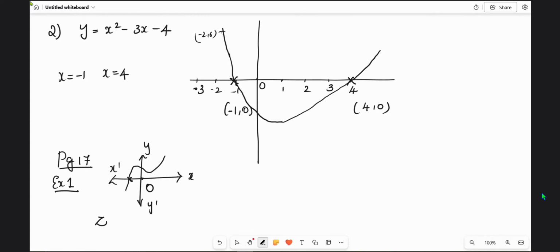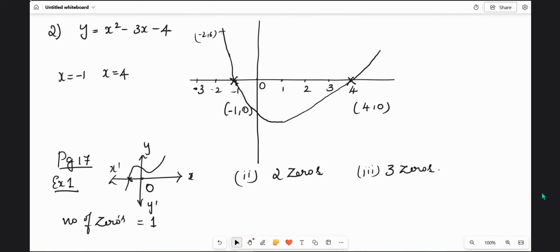Second one, 2 zeros are there. Third one, 3 zeros. Why 3 zeros? Because at 3 points it is intersecting or touching the x-axis.